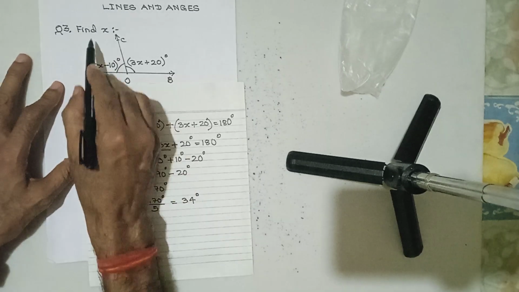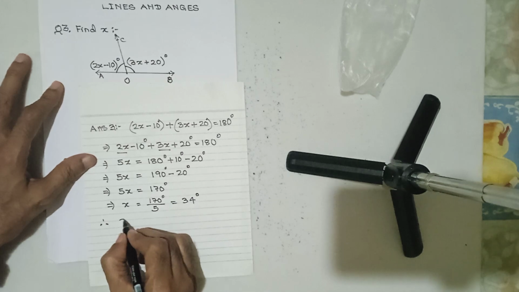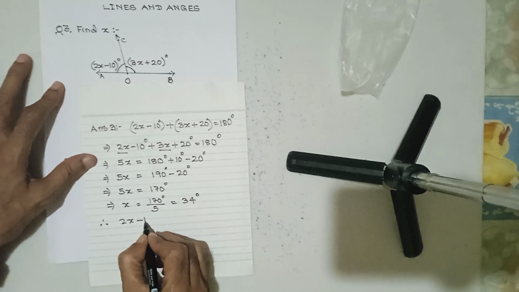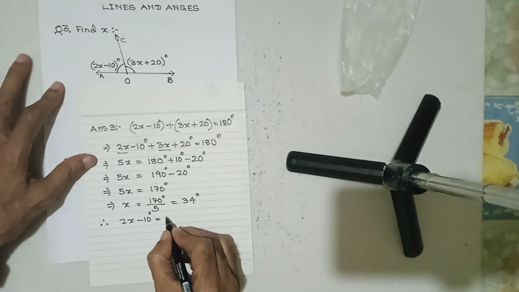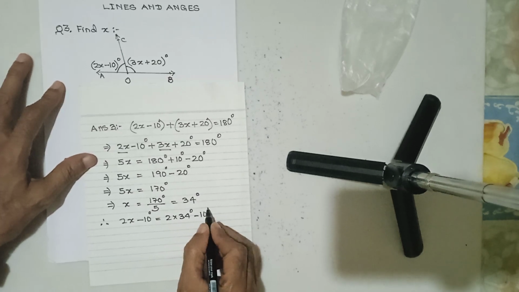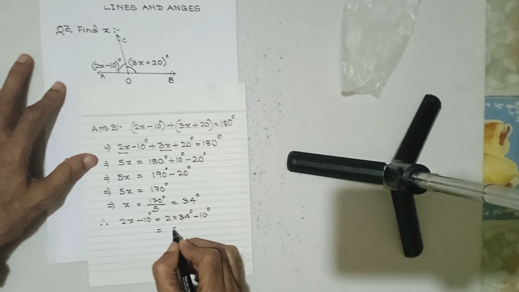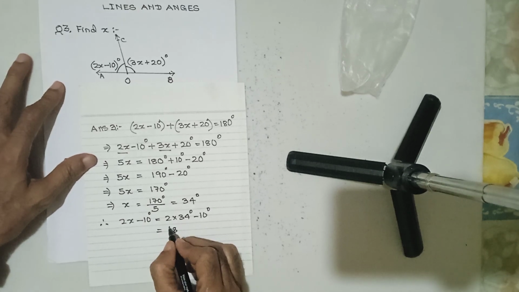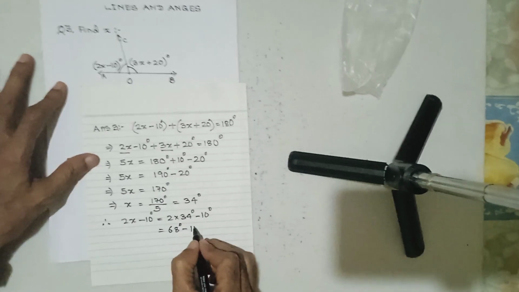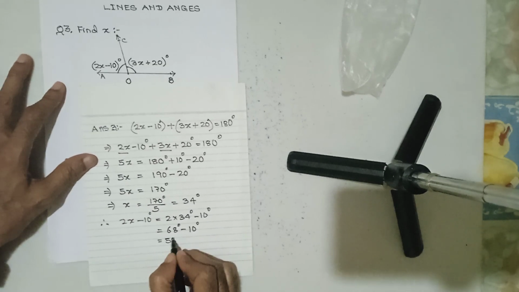We had to find the value of x, but we will find this angle as well. So 2x minus 10 degrees will be equal to 2 into 34 degrees minus 10 degrees. This will be equal to 68 degrees minus 10 degrees, which is 58 degrees.